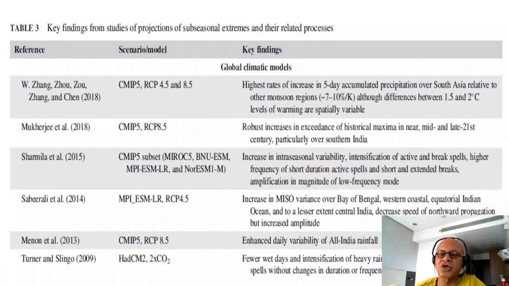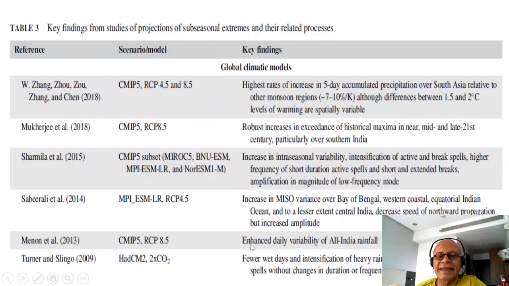So warming is argued to reduce the propagation speed but increase their amplitude. How does that relate to the rest of the low frequency dynamics in circulation changes, thermodynamic changes, precipitation efficiencies, and so on also have to be looked at. But this relates directly to the subseasonal extremes on land in this model at least.